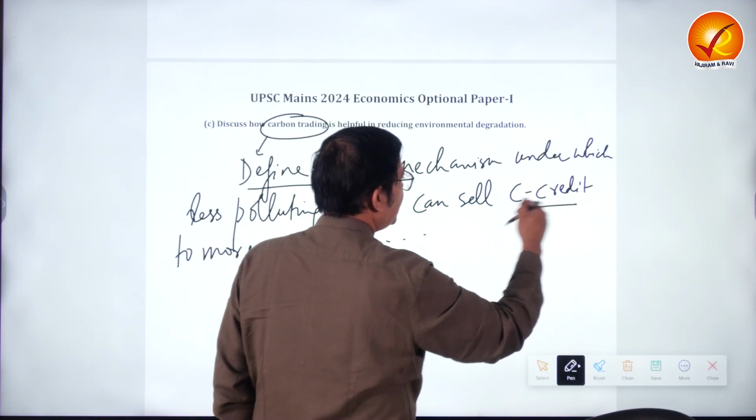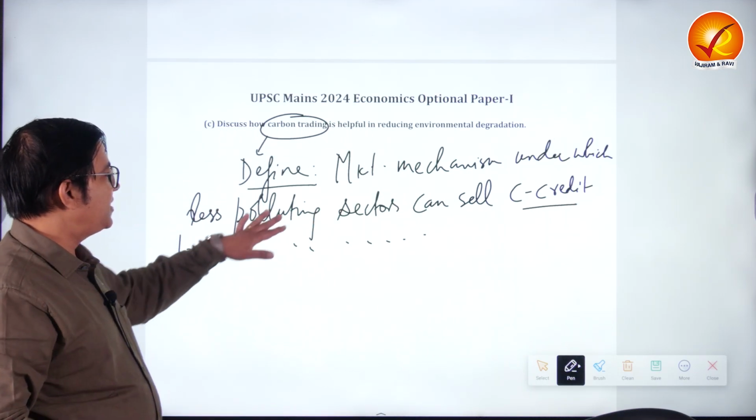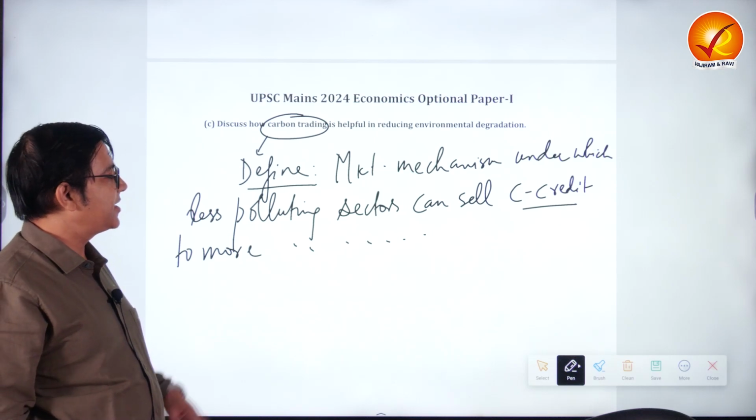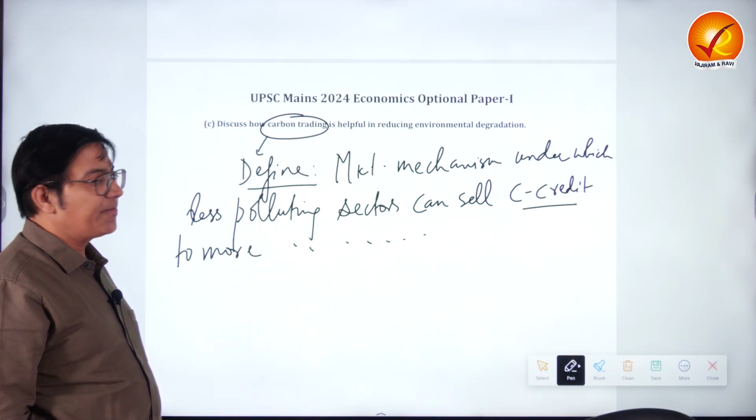So carbon credit is like a benefit that is being given to the less polluting sector and like a punishment for more polluting.